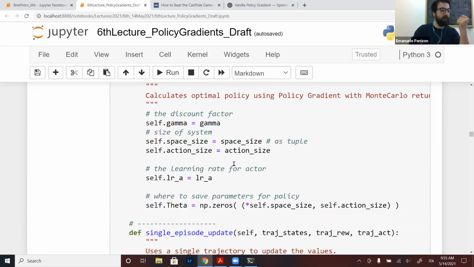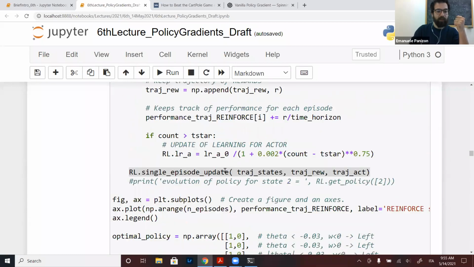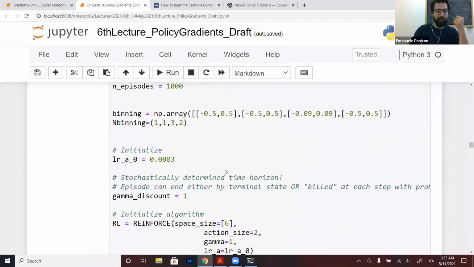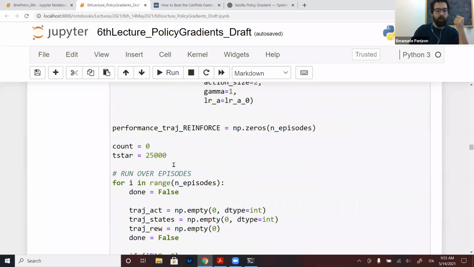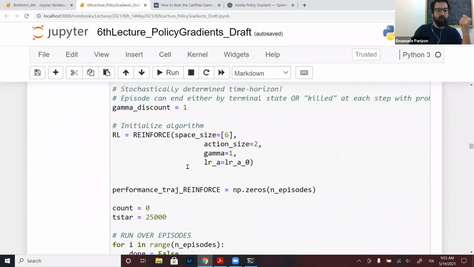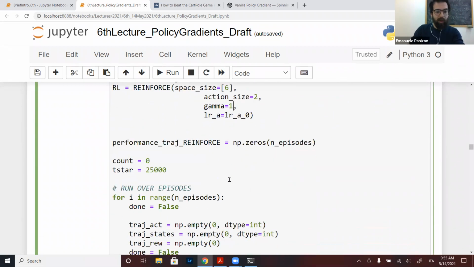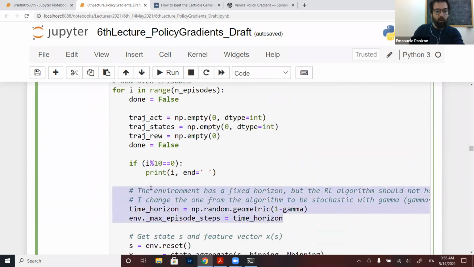Where is the gamma coming from, which I want to put? The gamma is coming from the fact that I am putting a forced end to the episode. Okay, so inside the calculation of the return, I have 1, but each episode will last at most a value, which I call time horizon, which has been taken from a geometric distribution of 1 minus gamma.